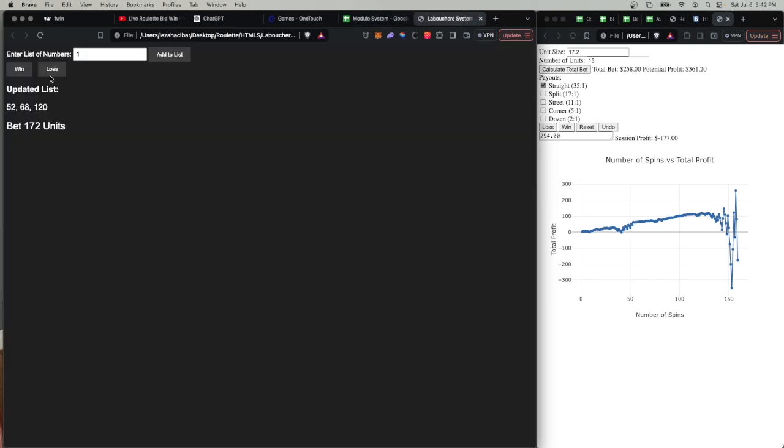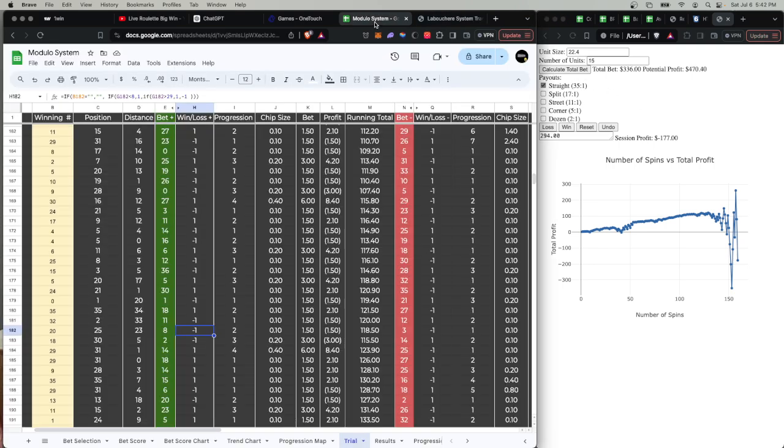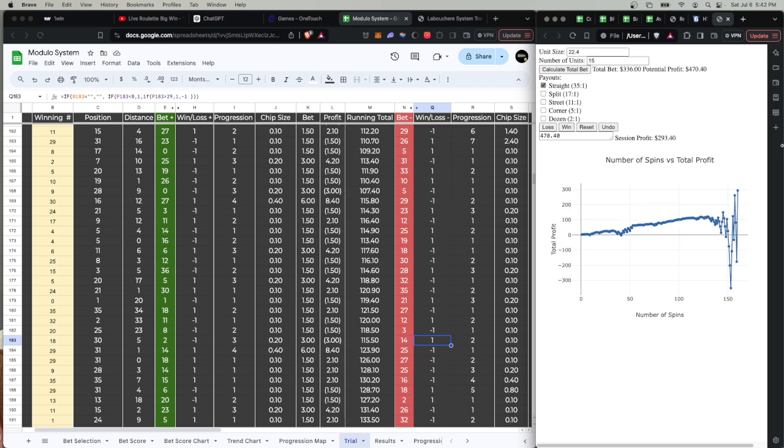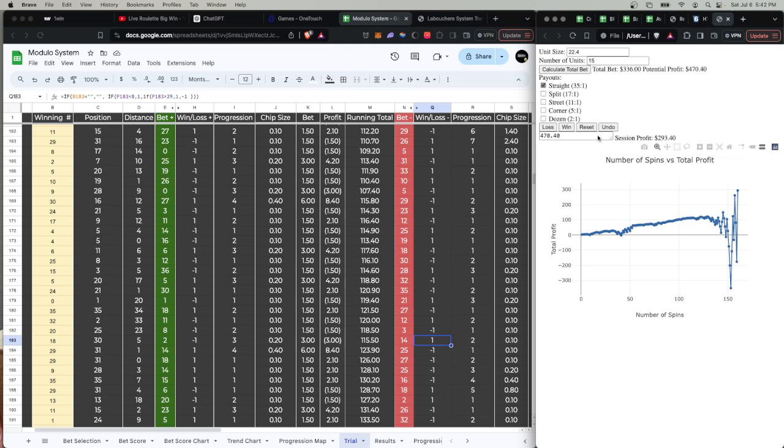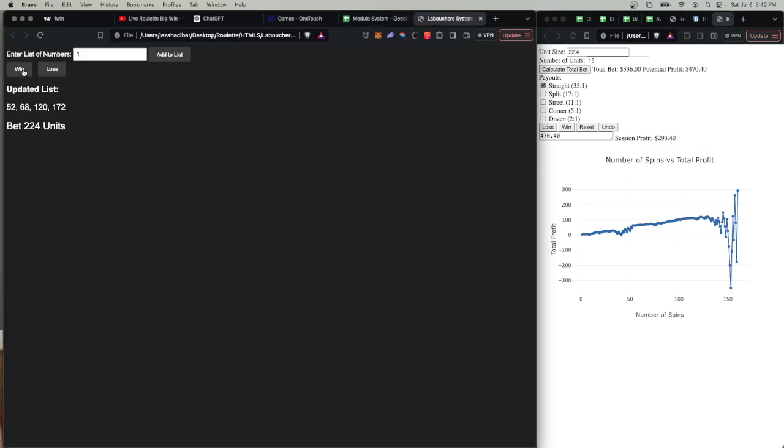So that shot is way back down. And we're gonna switch trends because we lost twice and we get a win. So that shoots us up again. So we win.